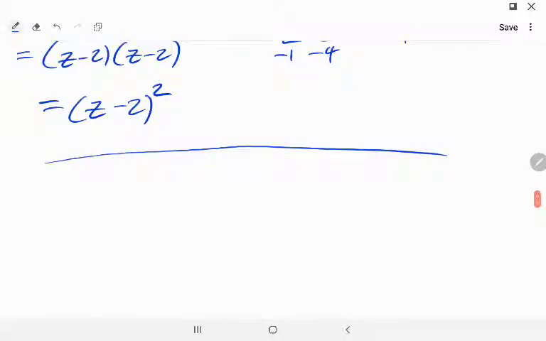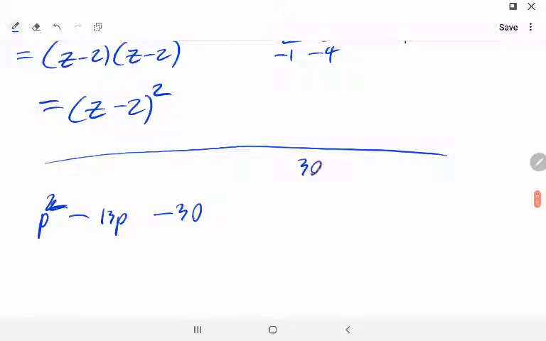If we looked at one with bigger numbers, if we had p squared minus 13p minus 30, you notice that the bigger the value of c, the more work we have to do.